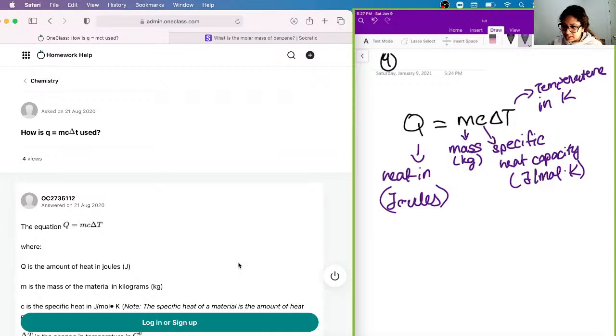The positive value of Q indicates, so if Q is equal to a positive number, this means that energy is absorbed.